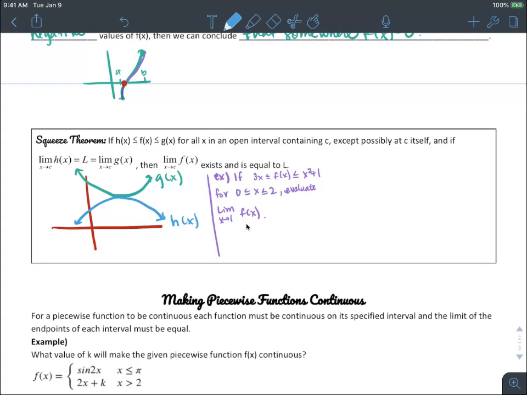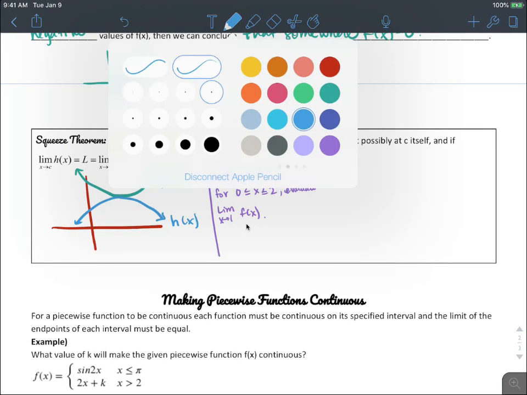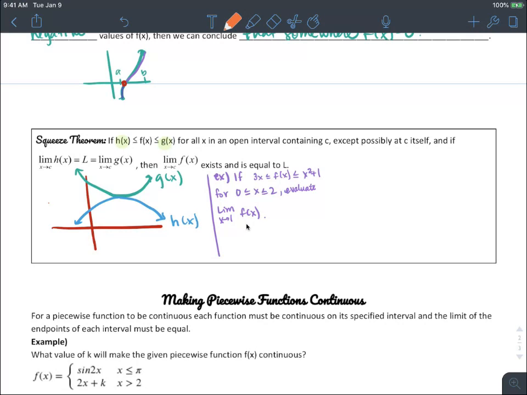We'll call it h of x. And I squeeze in there somewhere another function, and we're going to call this f of x. So it's between the two functions in this interval, I'm saying forever.